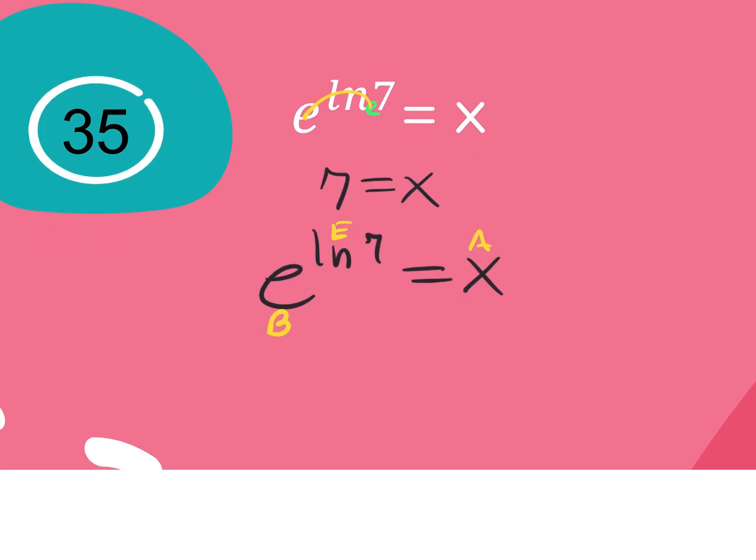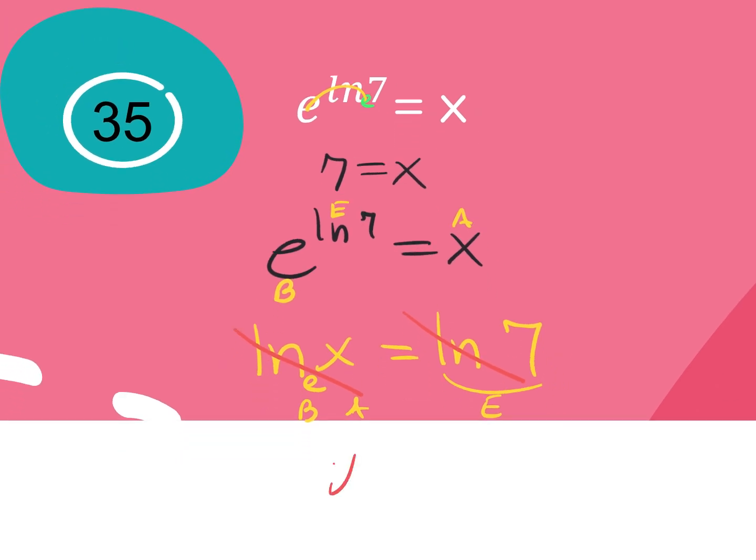If we transform it into log form, we would be doing ln, and then x equals ln 7. Again, the base is the little assumed e. Remember, it's BAE. This whole thing was the exponent. Notice the ln e's cancel, and again, same answer I got, x equals 7.